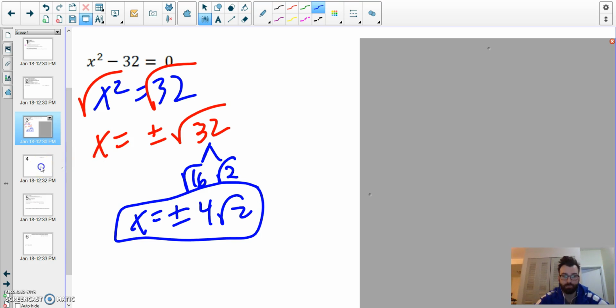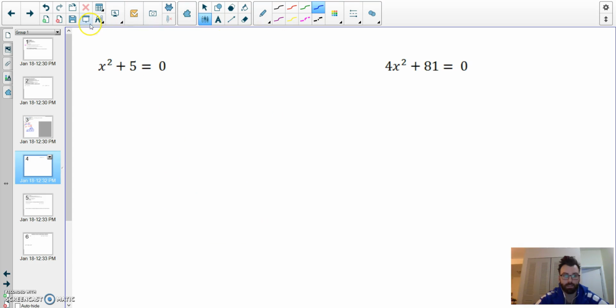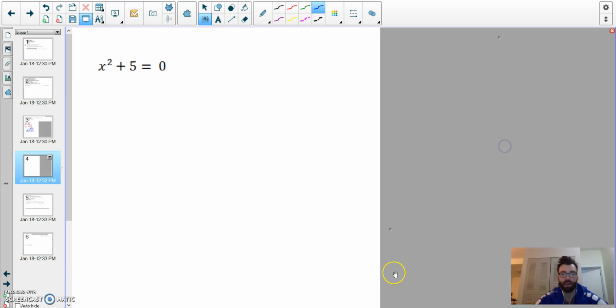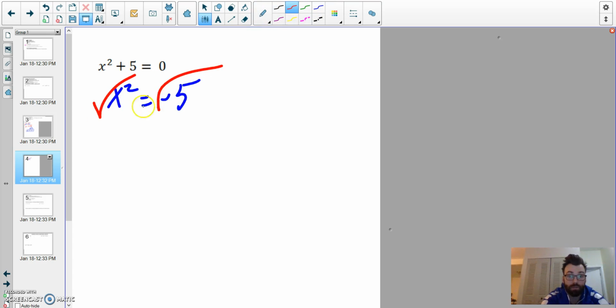All right. We're going to move straight down the line here and talk about x squared plus 5 equals 0. First step, isolate my squared term. X squared equals negative 5. Next step, take the square root of both sides. And some of you may have some alarms going off in your head like, wait a second, I can't take the square root of a negative number. But I think we're about to review something that you love.